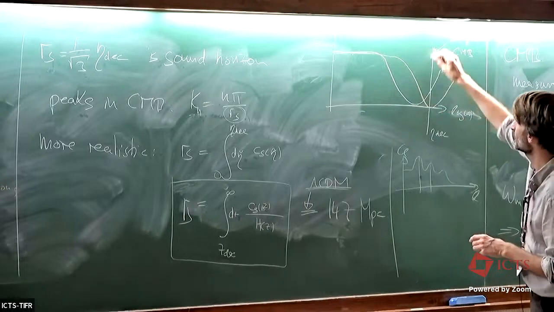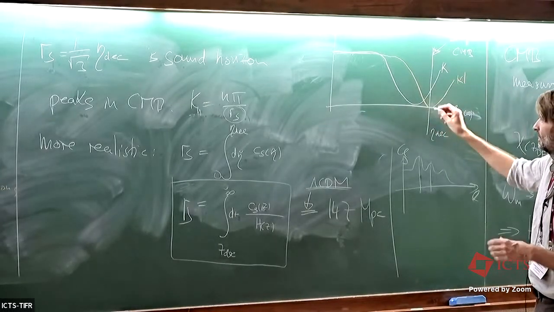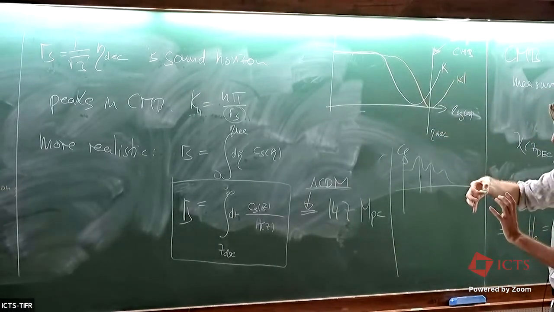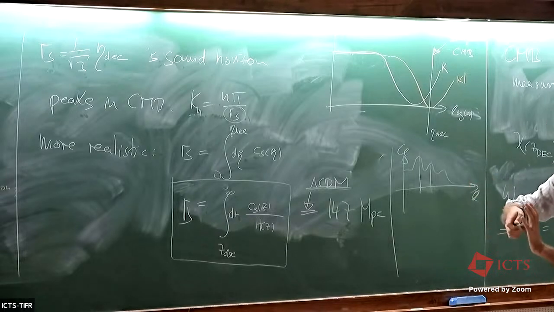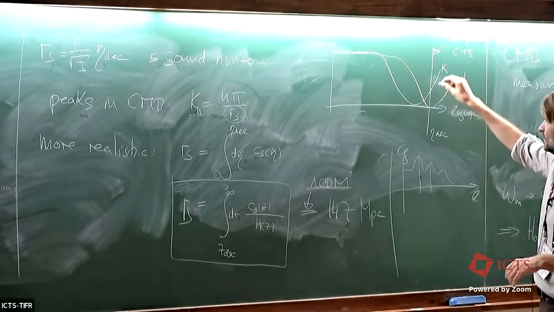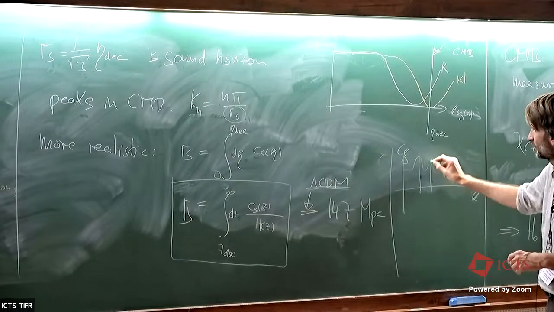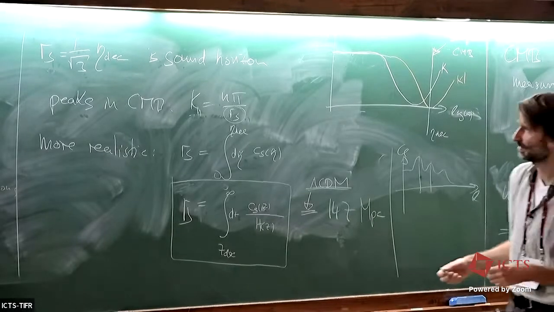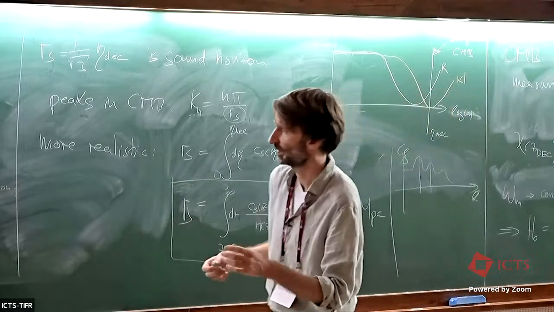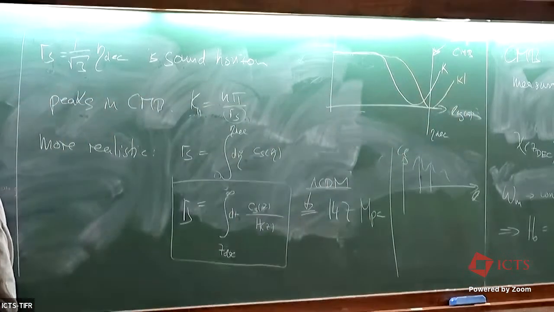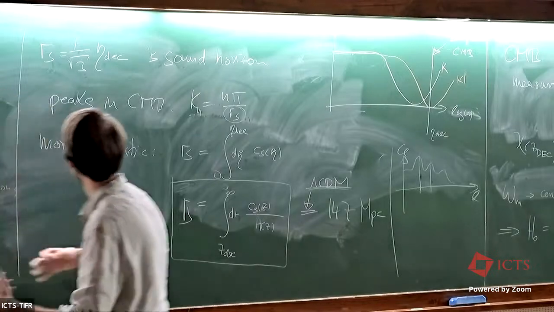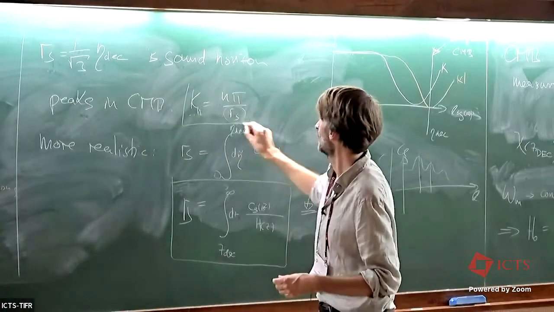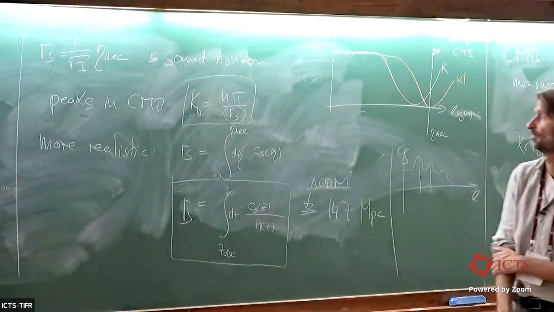At the time of decoupling, they can be maximally dense or maximally diluted, and both cases correspond to peaks in the spectrum. And the sound horizon really is the characteristic scale that determines which K mode has a peak, and I mean the K dependence.